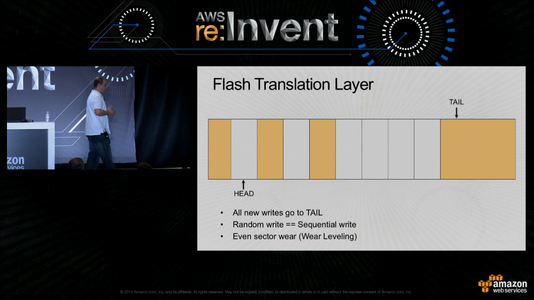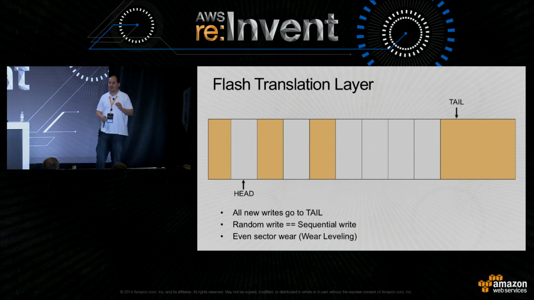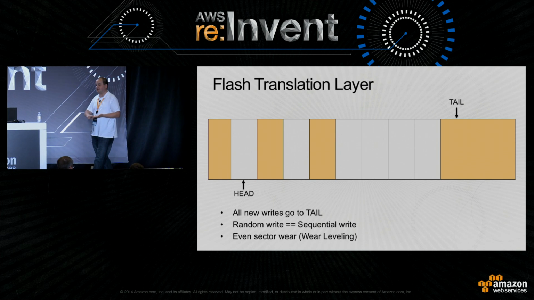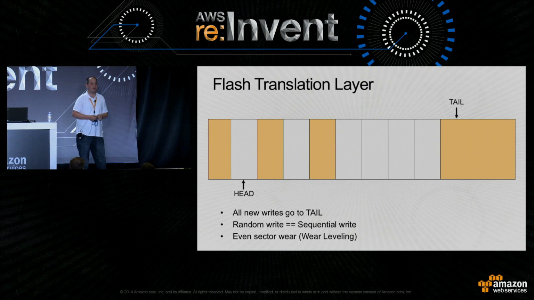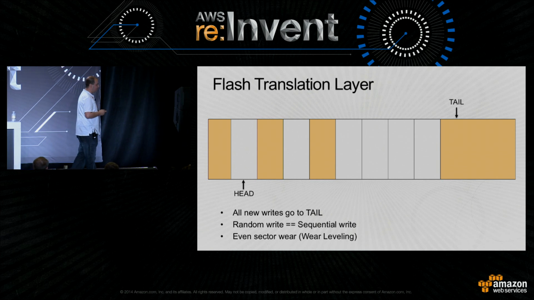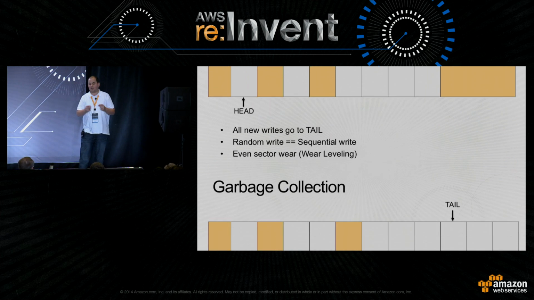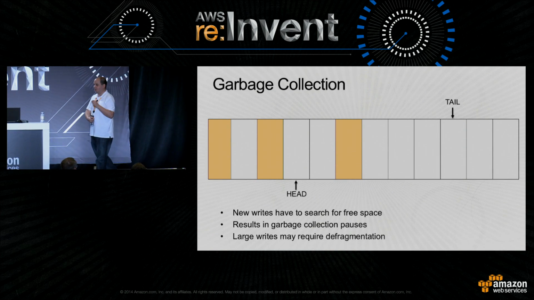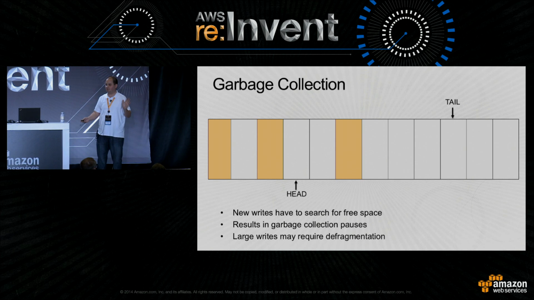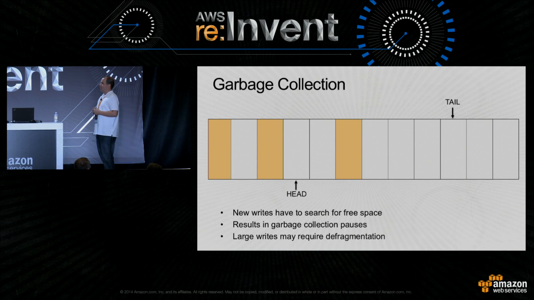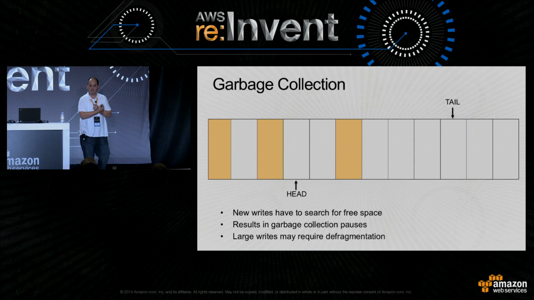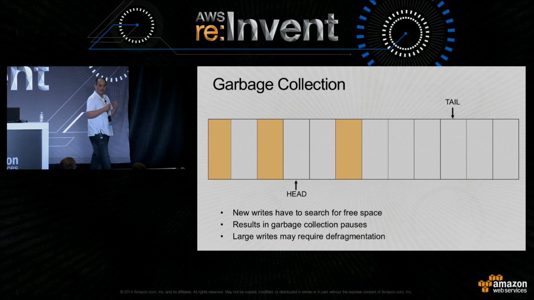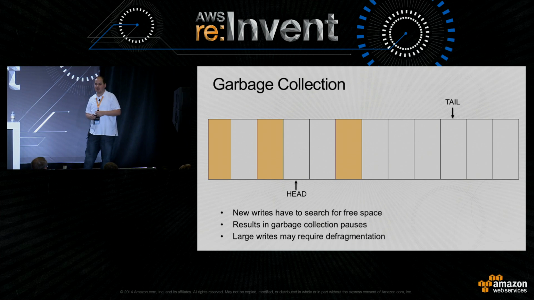The great thing about this is that it means you very evenly wear out the SSD, because every write writes to a new location, and you have really, really good endurance using this mechanism. As long as there's plenty of space left on the string, everything goes well, everything's solid. However, in practice, at some point, you're going to wrap around the string, and you're going to have to deal with the fact that you can't just write to the end of the SSD anymore.